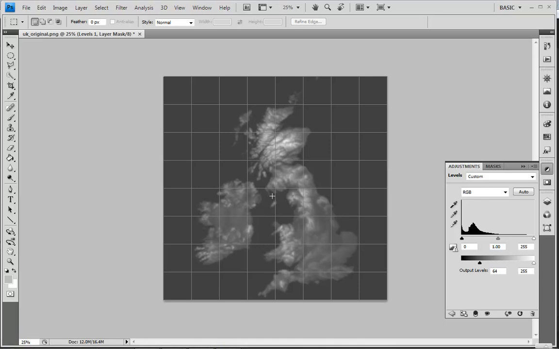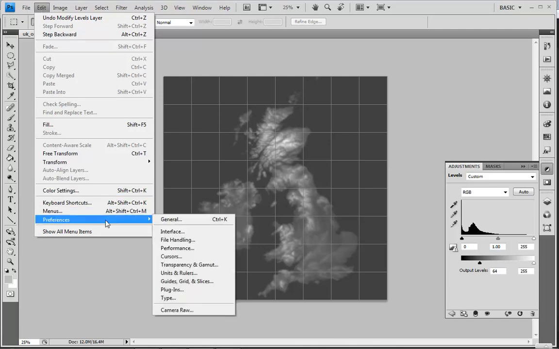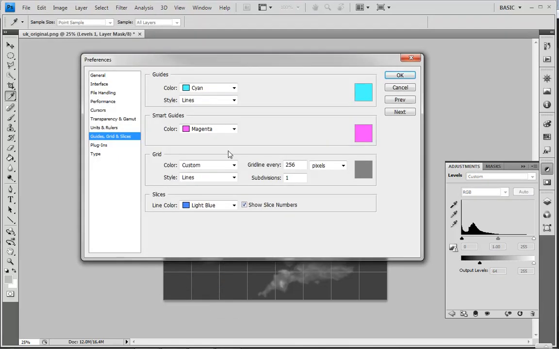Edit, Preferences, Guides, Grids, and Slices, and we change this to percent.